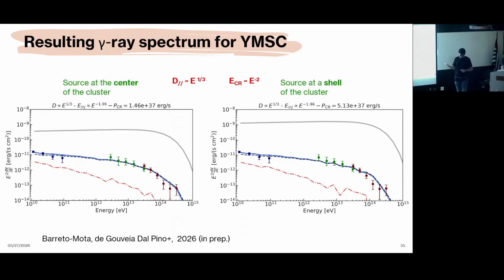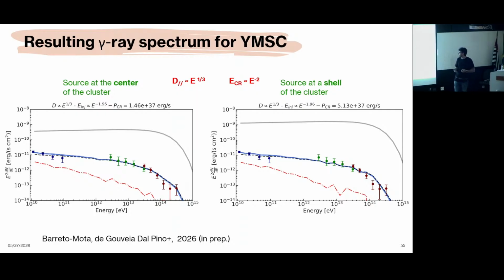But here we are pretty much using 4 parameters: the diffusion coefficient, the energy injection dependence, the eta, which is how efficient the injection is, and then the region where the particles are being injected.